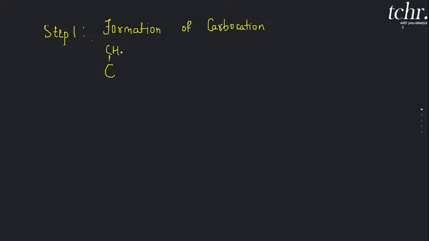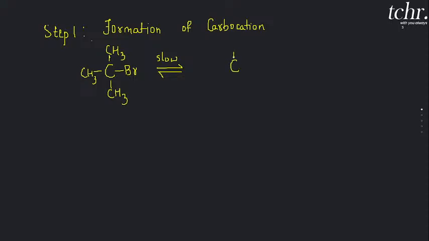I have tertiary butyl bromide with me. This step takes place very slowly, so we call this a slow step and a rate determining step. The rate of the reaction can be predicted by this step 1. What happens?